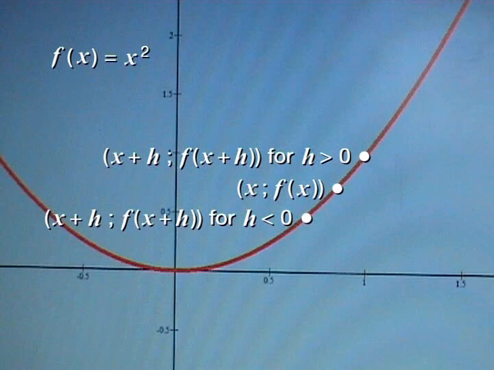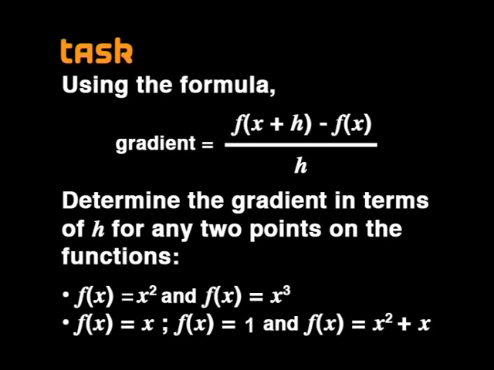As a task from the last lesson, we calculated the gradient of the line between any point x, f at x, and the point x plus h, f at x plus h on various curves. Most of these curves were familiar. The straight line parallel to the x-axis, f of x equals 1, the straight line through the origin, f of x equals x, the parabola, f of x equals x squared, and an unfamiliar one, f of x equals x cubed.